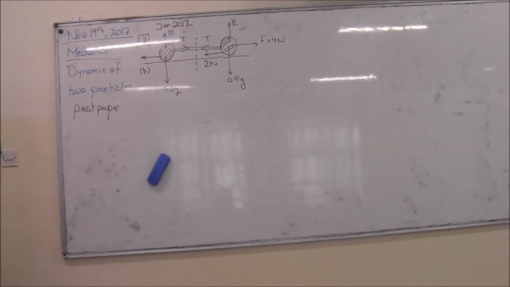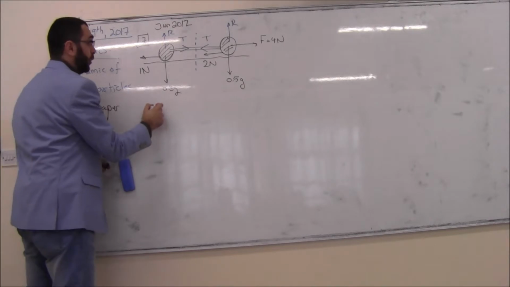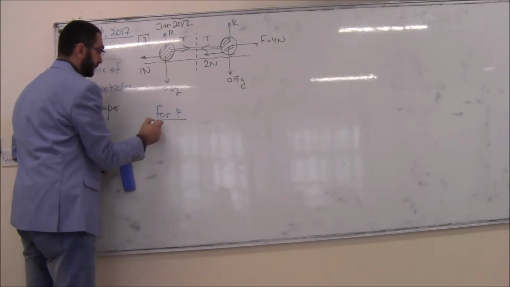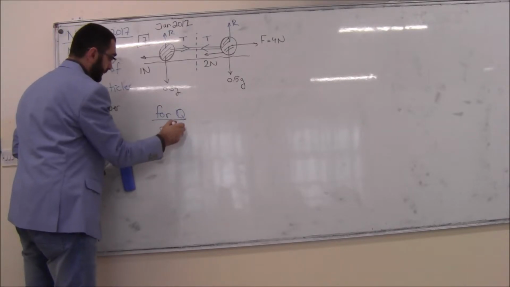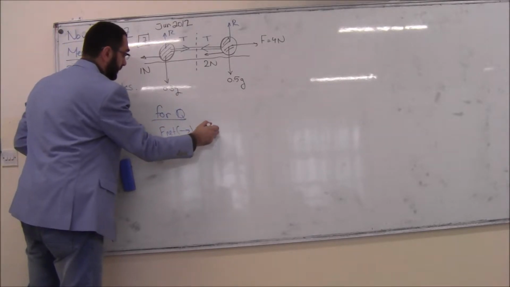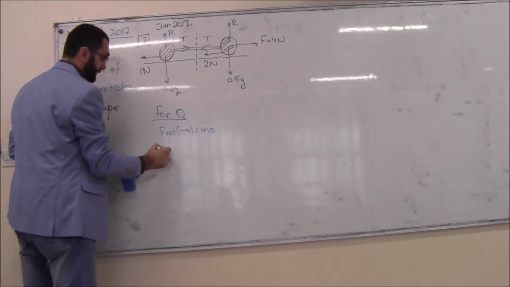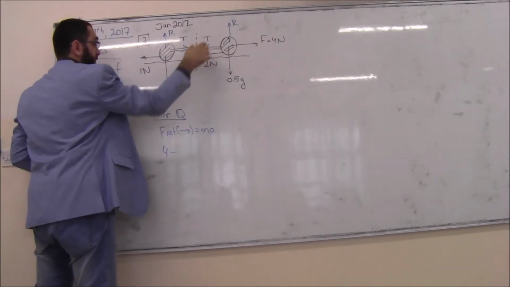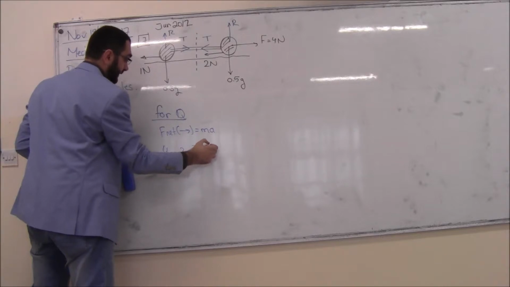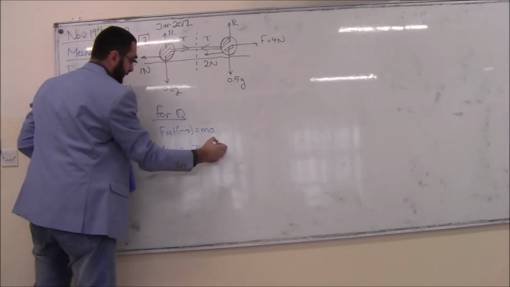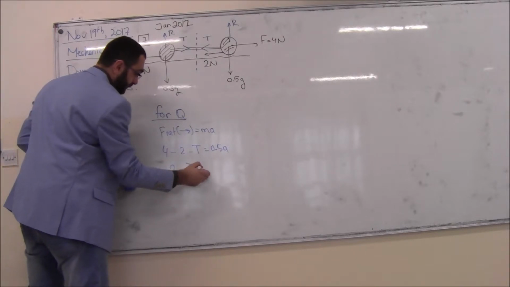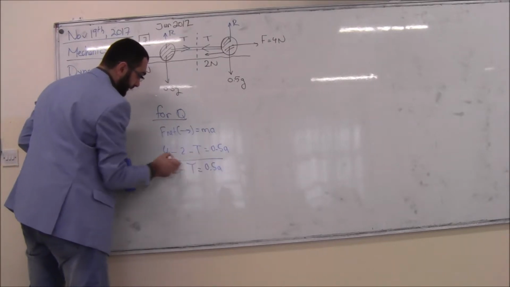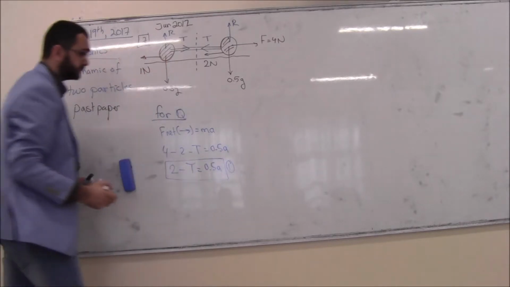As usual, for Q, let's start with Q. F net forward equals MA. 4 newtons minus 2 minus T equals 0.5 times A, in other words 2 minus T equals 0.5A. Any question about this equation?